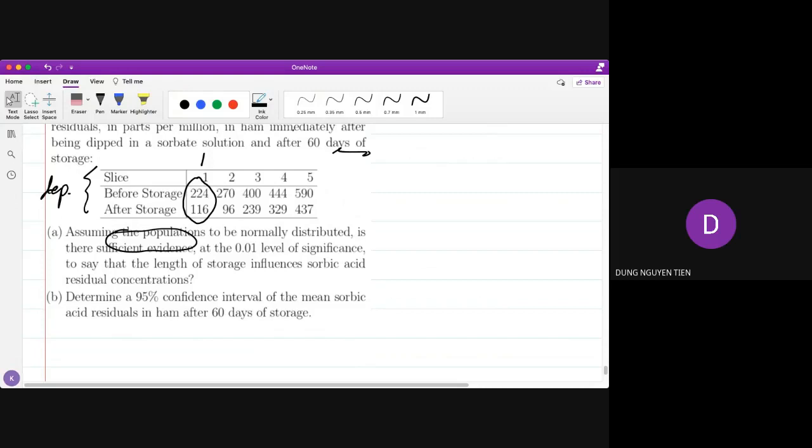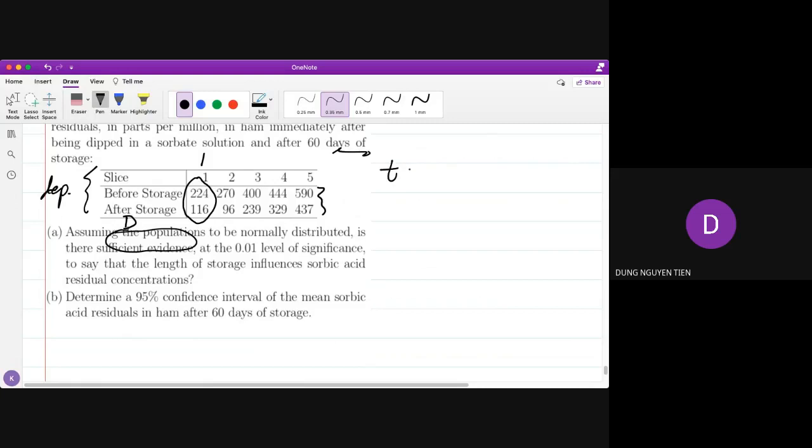And if they are dependent, we don't need to ask whether the two variance values are the same or not. We don't care because we don't use these two samples. We use the difference. We compute the difference between the two samples, and you come up with a single sample. That is the difference between the two samples. Understand? And then you use a t-test.